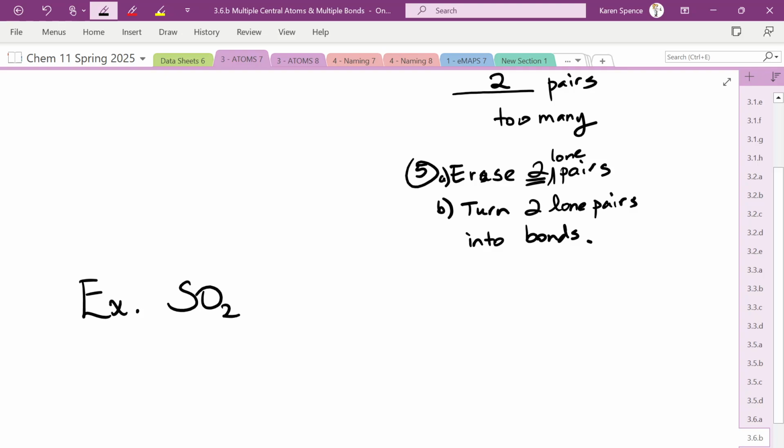Right between the O and S. Yes, just everything right in there, perfect.